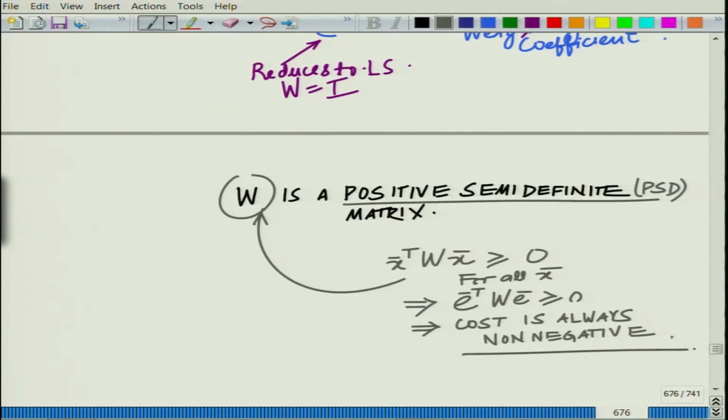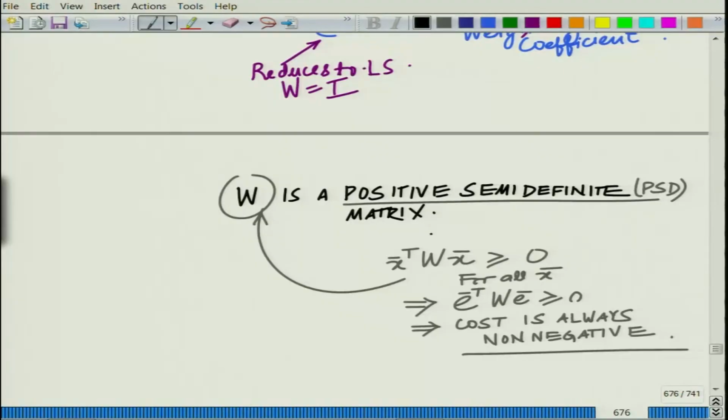This is important because we are weighing the squares of the errors, so the cost has to be non-negative. Therefore we choose W to be a positive semi-definite matrix such that the cost of this weighted least squares is always non-negative.